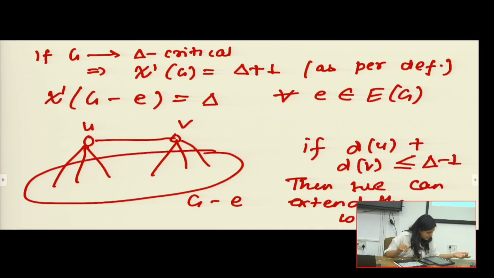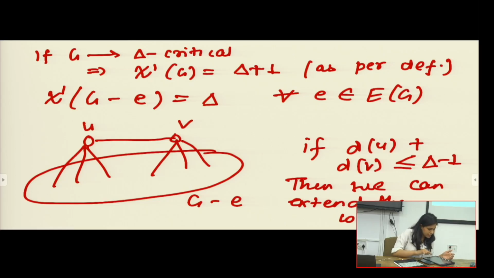Basically I am saying if du plus dv is less than or equal to delta minus 1, then I am able to show a delta coloring of G, which is a contradiction because we have taken G to be delta critical. That means the chromatic index of G is delta plus 1. Let us say uv is an edge and I remove e from G, then the chromatic index decreases by 1, so it becomes delta.